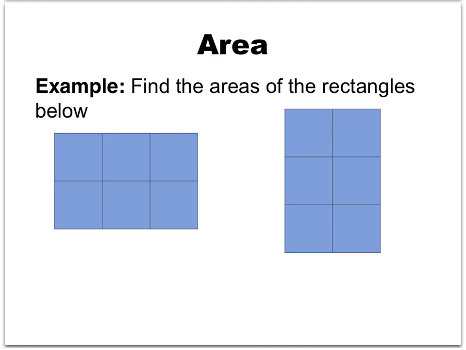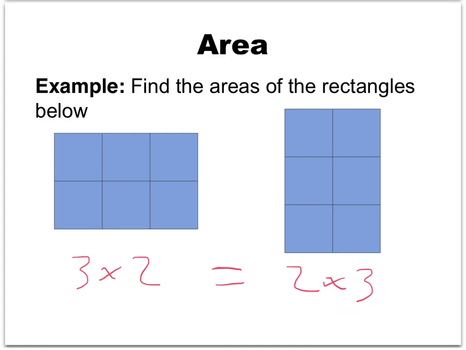This rectangle here is 3 wide by 2 high, so 3 by 2, whereas this rectangle is 2 wide by 3 high. So those two expressions should be equal because they represent the same area. So 3 times 2 is the same as 2 times 3. So this illustrates that if we just switch the numbers around, we should get the same answer.